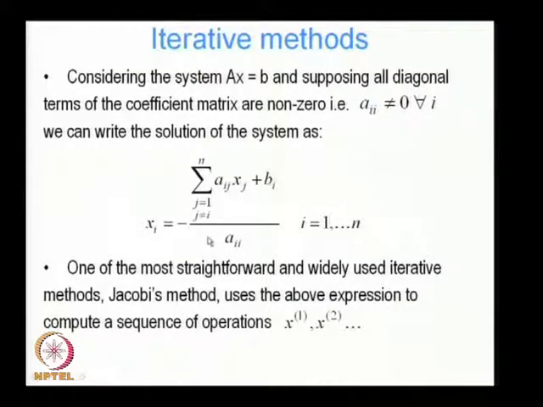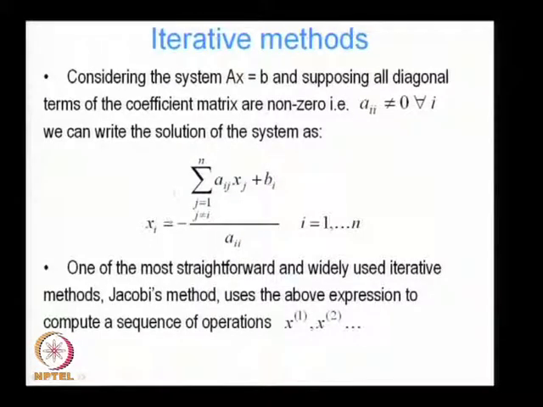Basically, if we bring a_ii x_i to the left hand side, and bring the rest of the terms to the right hand side, we will just get the sum of a_ij x_j equal to b_i. So, that is my usual any row in that system of equations, except that I have moved one of the terms, x_i, to the left hand side and divided the right hand side by its coefficient.